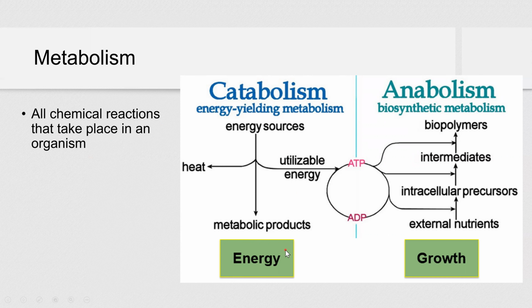You release energy, and you can synthesize ATP, or you can use this energy for other cellular processes. In anabolic reactions, you use ATP, and this is for growth, right? So we have energy-yielding metabolism and biosynthesis metabolism, and together you have your body's complete set of chemical reactions, that is metabolism, right?